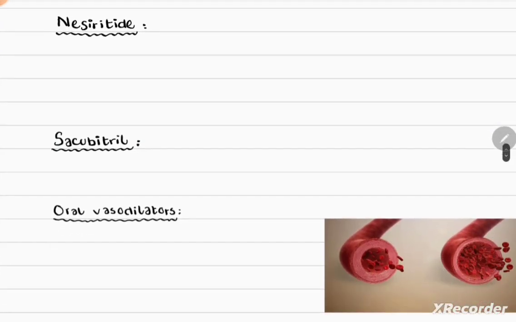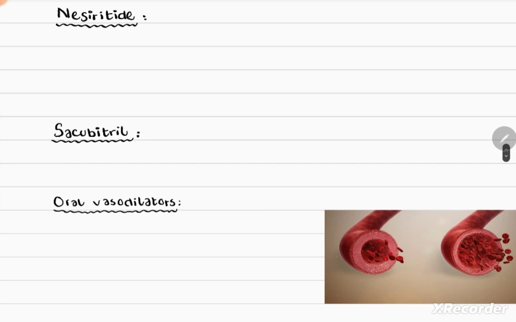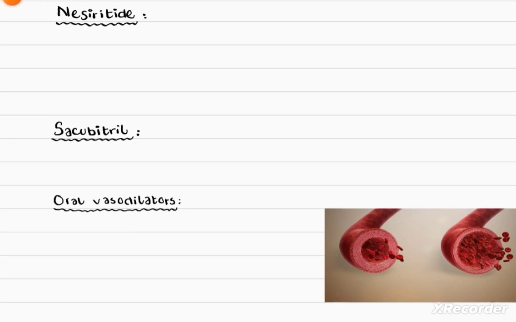The next drugs are nesiritide, sacubitril, which we have already discussed, and then there are some oral vasodilators that are used in the setting of heart failure. Nesiritide is a commercial version of BNP. BNP is brain natriuretic peptide. It is a molecule that causes vasodilation, and as a result, it decreases the afterload and the preload.